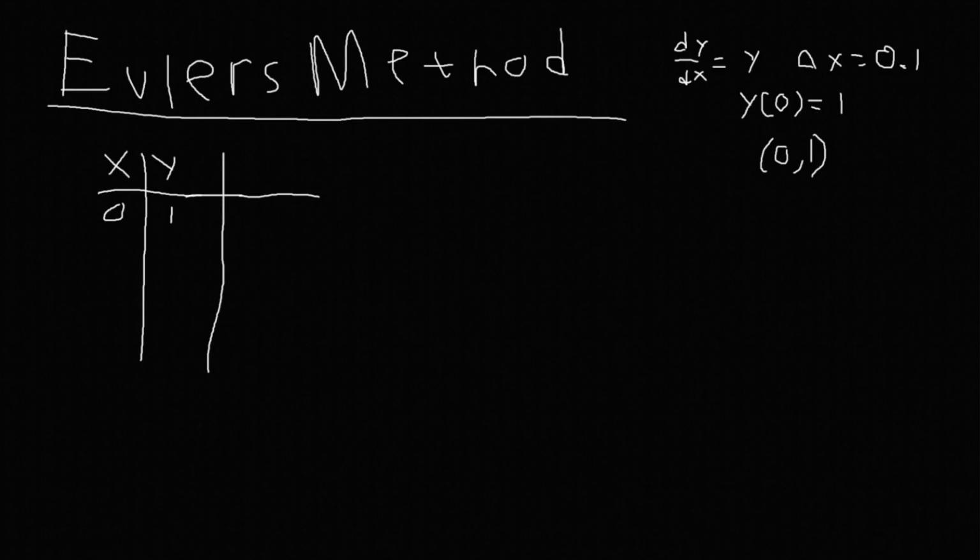Instead of our dy/dx, we're just going to have a dy. I think that's going to be the better way to explain this. So this is going to be our dy/dx times our delta x. Let's try that again. dy/dx times our delta x. And if delta x is really small, then this is basically dy.